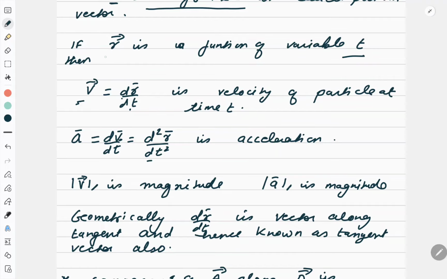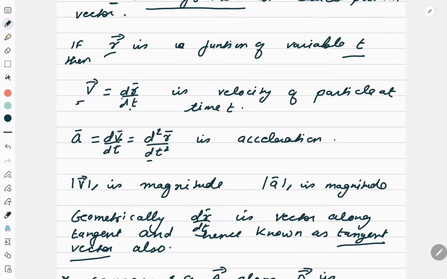I will give you r and I may ask you to find velocity at this point, find acceleration at this point, find the magnitude of velocity, find the magnitude of acceleration, and find the tangent vector. When I am asking for the tangent vector, I am asking for velocity only.